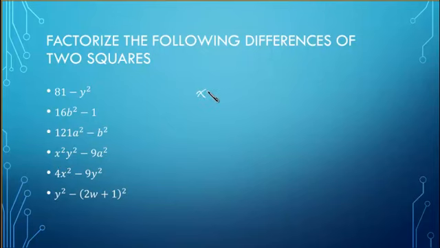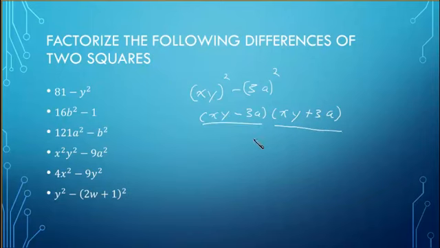So that's xy quantity squared minus 3a quantity squared. Notice 3 squared is 9, a squared is a squared. And so this becomes xy minus 3a, xy plus 3a. Notice again we have a product of two factors. So this expression has been factorized.